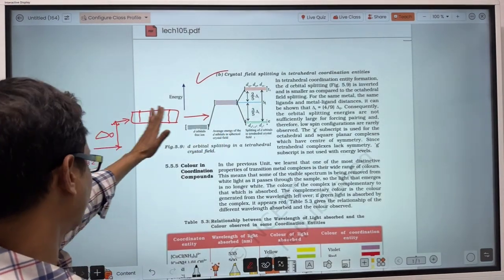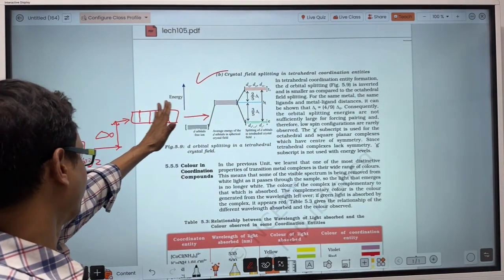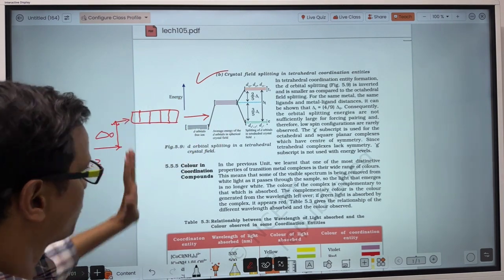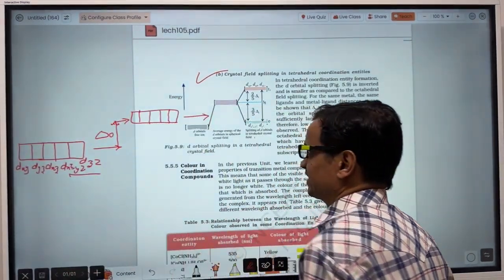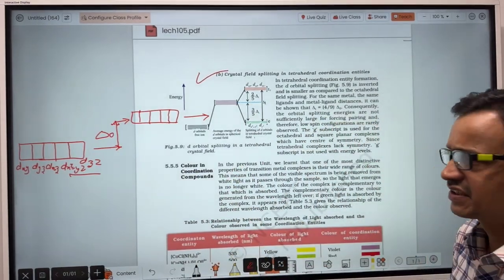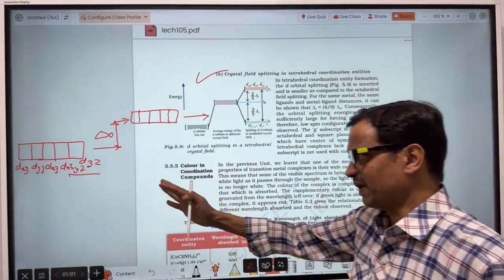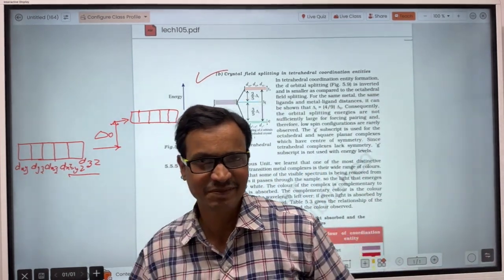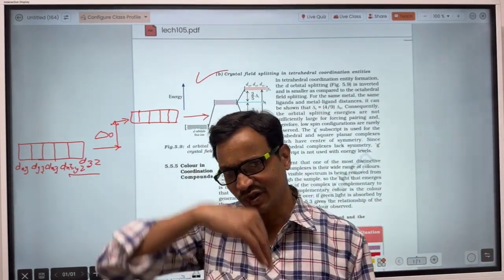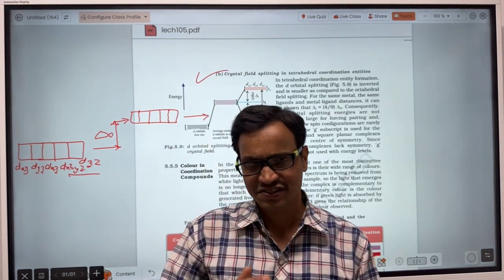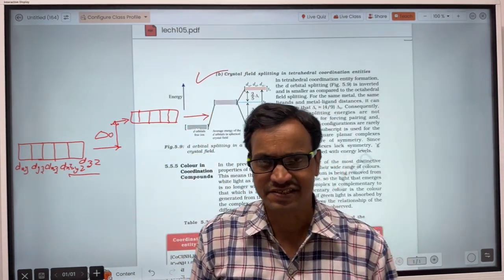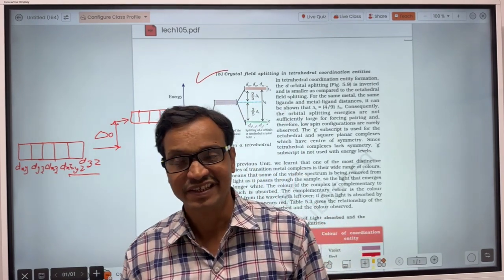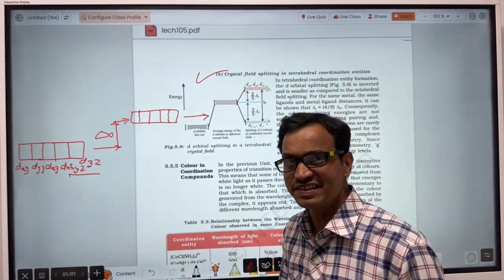When the ligands approach towards the d orbitals, then the degeneracy of these 5 d orbitals does not maintain. That means the energy of some of the orbitals increases and some decreases. Which will increase?